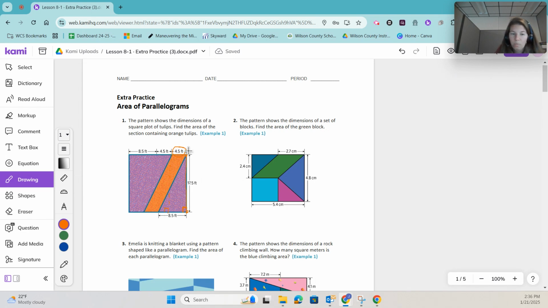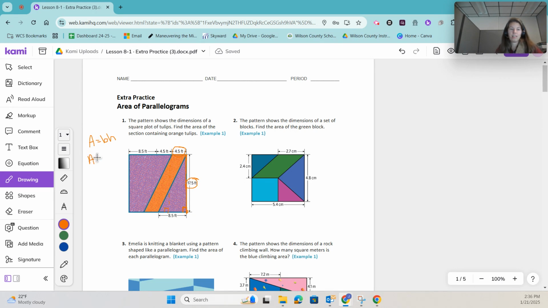Okay, so the height happens to be the same as the edge of this square plot of tulips. So the height is 17 and a half. The base is 4.5. So in order to find area of a parallelogram, I am doing base times the height.